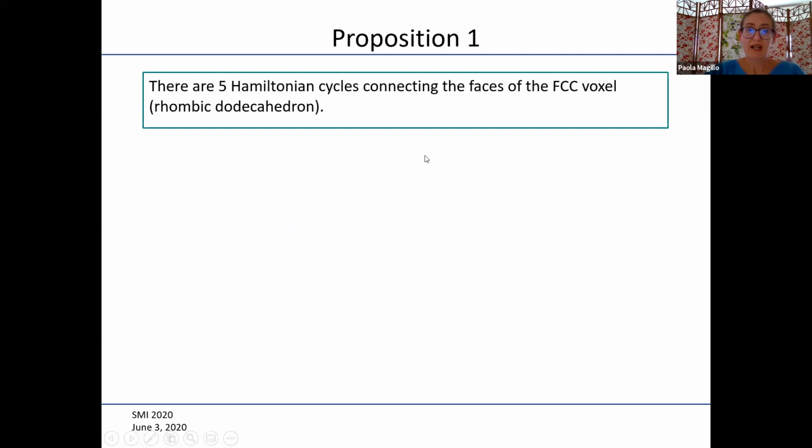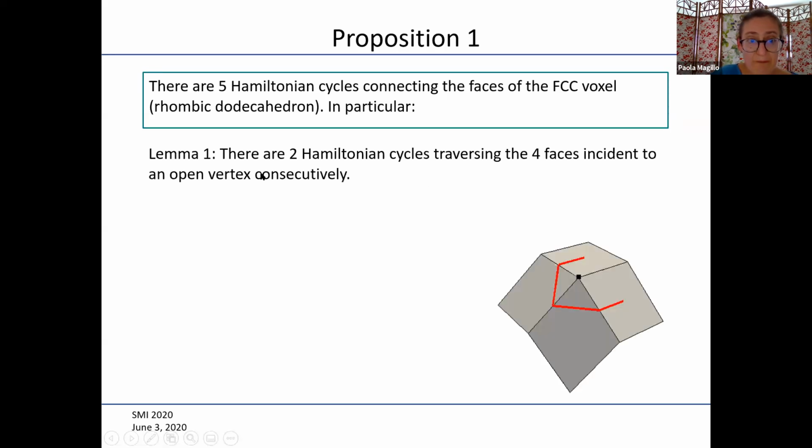Okay. Now, there are 2 propositions in the paper. Proposition 1 says that there are 5 Hamiltonian cycles connecting the faces of the FCC voxel. In particular, there are 2 cycles that, for some open vertex, traverse all the 4 incident faces consecutively in this way.